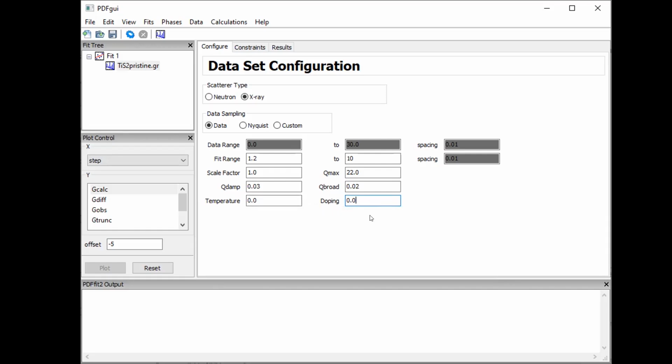It has nothing to do with the fitting process, but it can be used at the final stage when you plot some of the parameters as a function of temperature or doping level. It's better when you have a series of data fitted, and for example, you want to see how the bond lengths change as a function of temperature. Then there's a convenient way to do that.